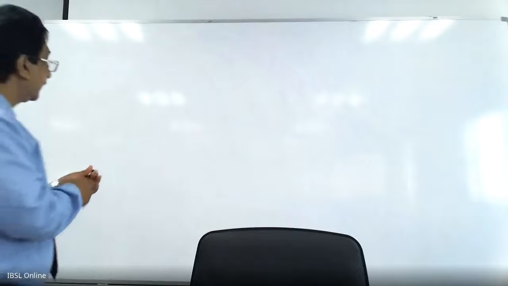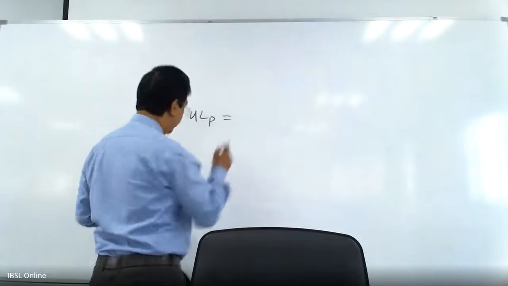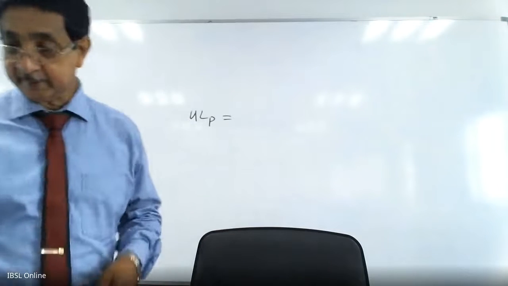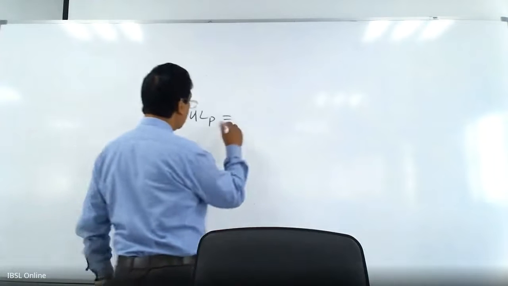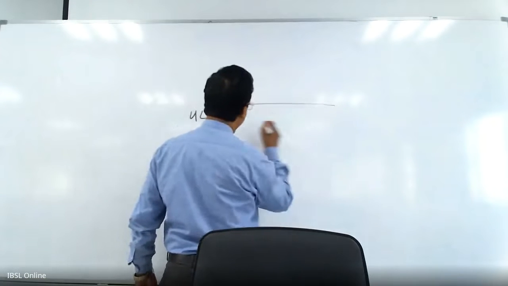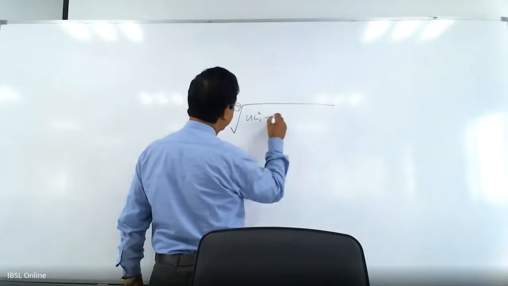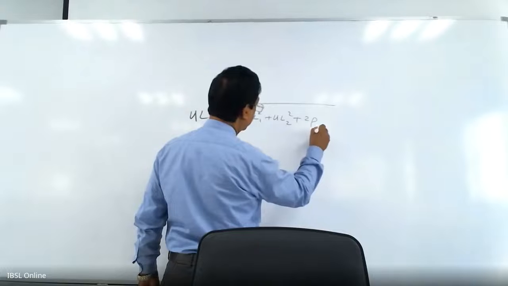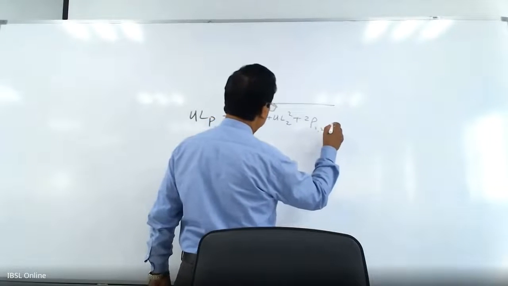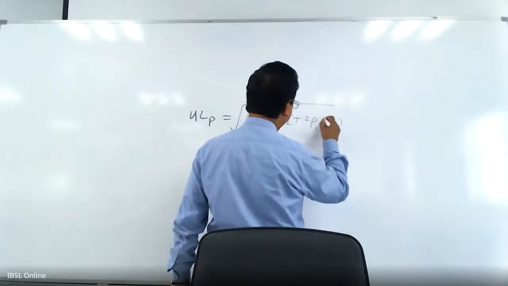Now as it is, ULP, that is the portfolio unexpected loss, is equal to the square root of UL1 squared plus UL2 squared plus 2 rho 1 2 UL1 into UL2.